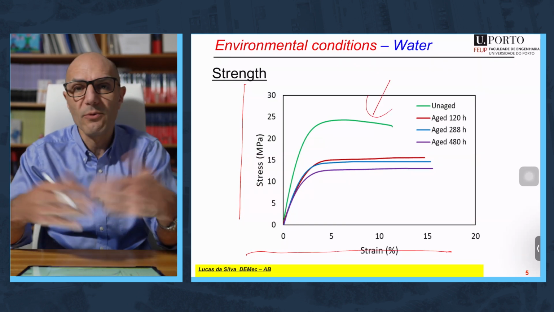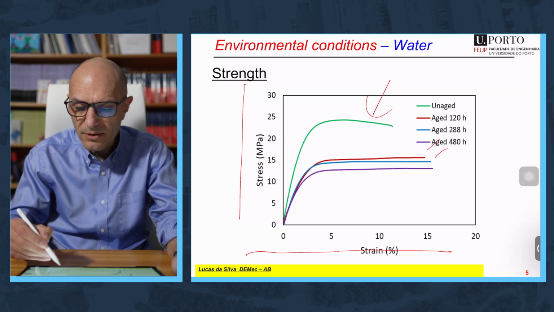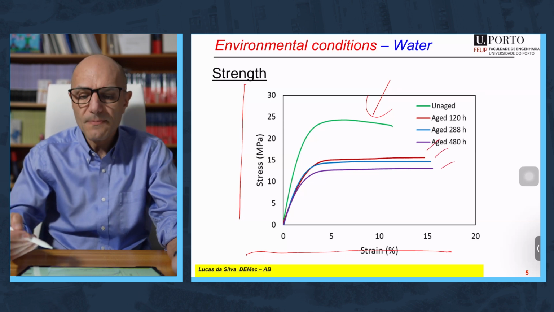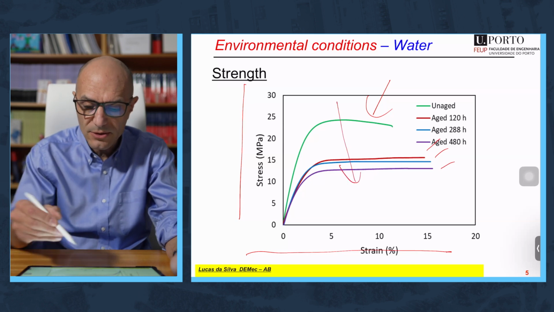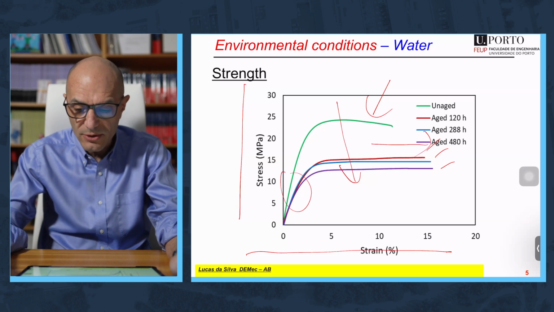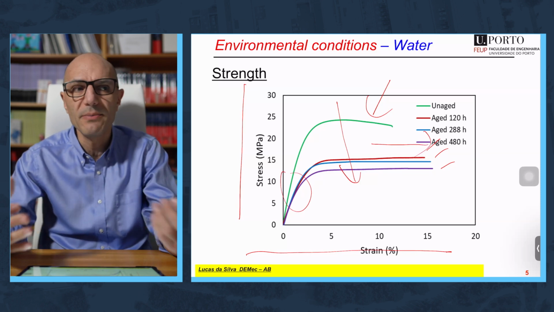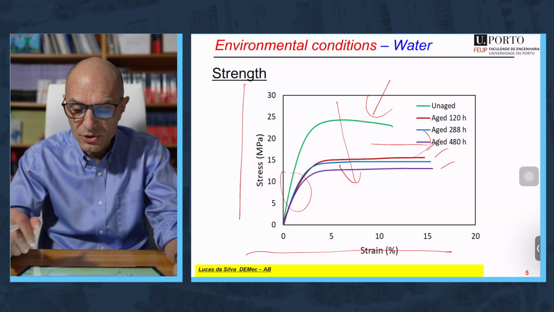Here is without water, aged 120, nearly 300, and nearly 500, with different amounts of water. As you can see, the strength drops, the ductility increases, and the stiffness also drops, which is not too bad. A bit of increased ductility is good. You will see that in joint design.